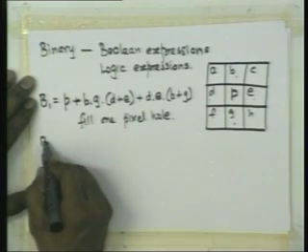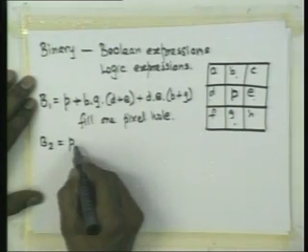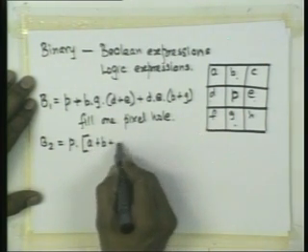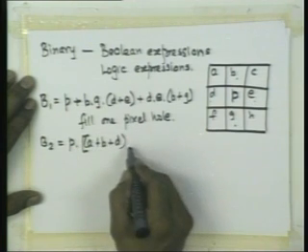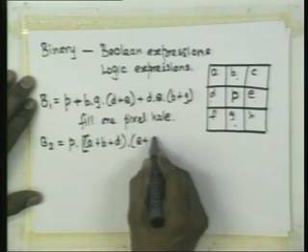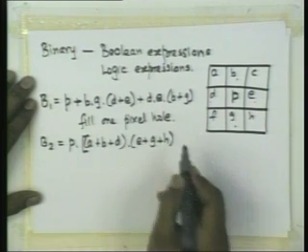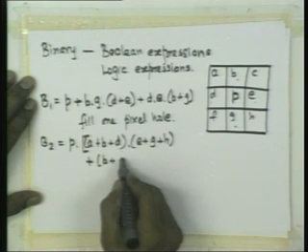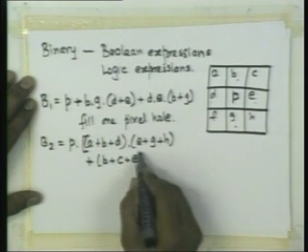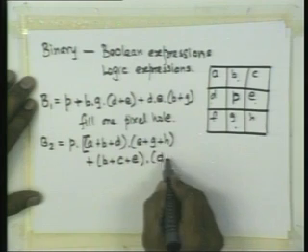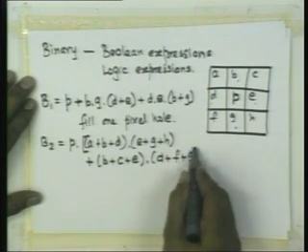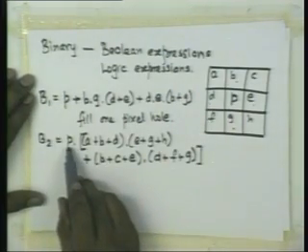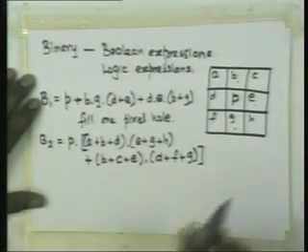Okay. Similarly, I can define another expression: P and A or B or D, and E or G or H, or B or C or E, and D or F or G. Here what I am saying is that if P was 0 to begin with, then it will remain 0.